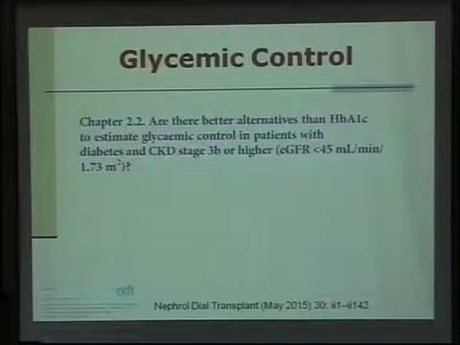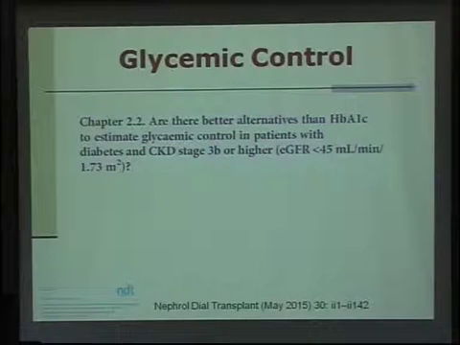Because the environment of chronic kidney disease has factors that lead to false high or false low A1C. What are the causes of false high A1C? Anemia is one of the causes. Acidosis is one of the causes. Uremia is one of the causes. All these are causes for false high A1C.